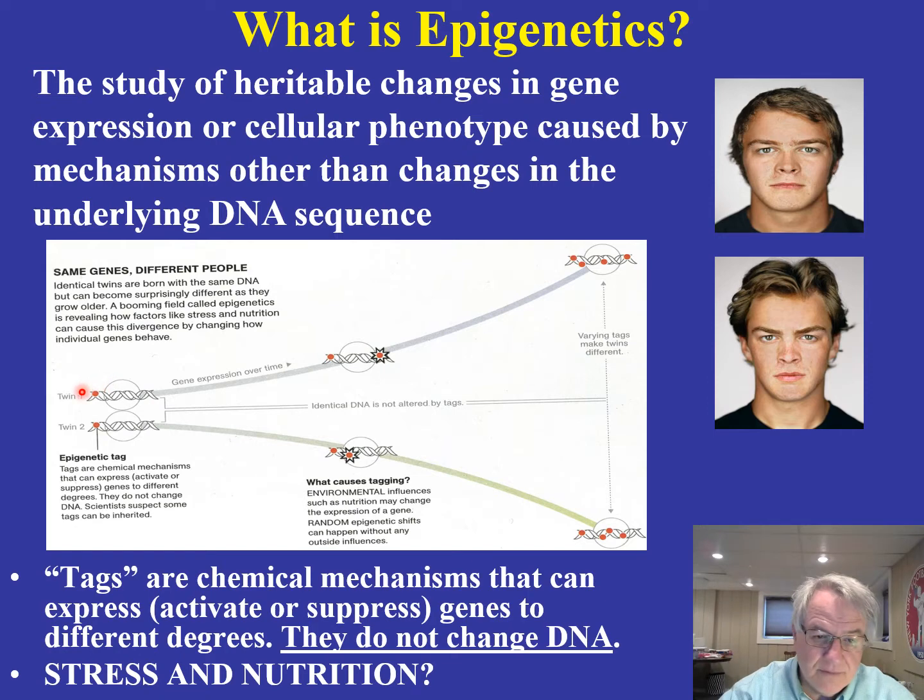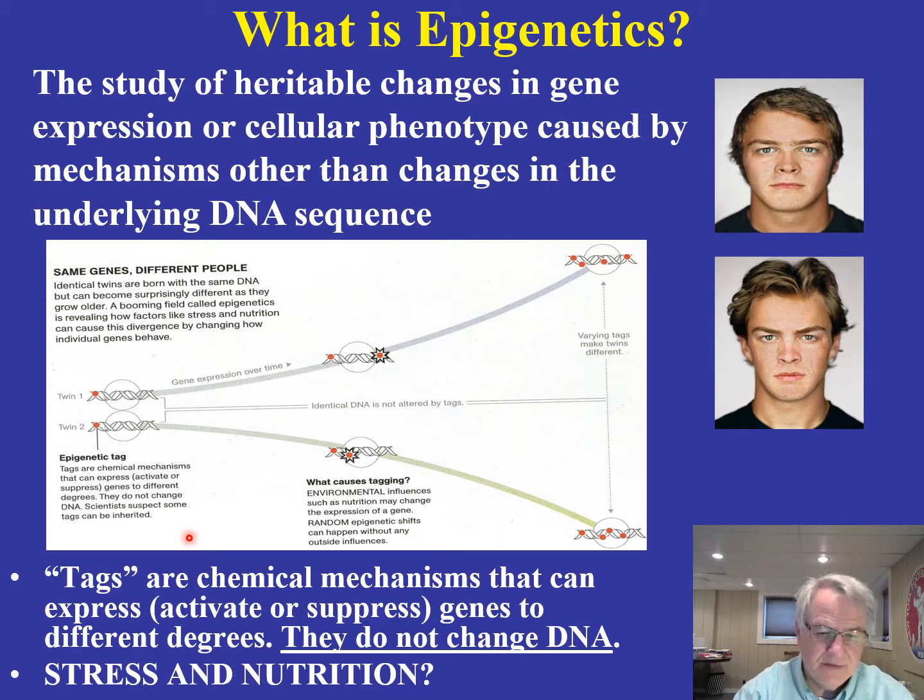They start out the same in terms of their underlying genetic background. That DNA, however, can be exerting different kinds of influences later on, depending upon stress, depending upon nutrition. It can cause individual genes to behave in different ways. We call these tags, epigenetic tags.